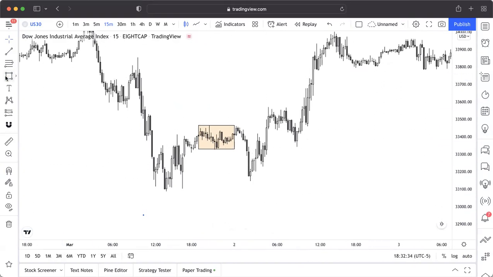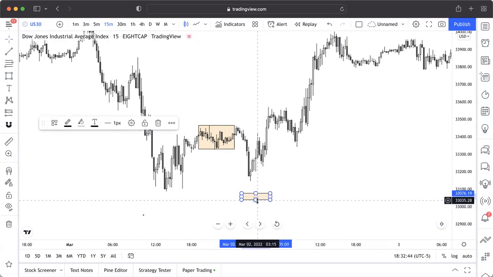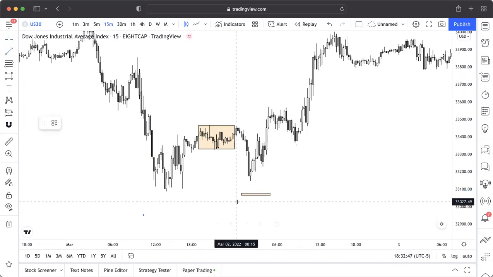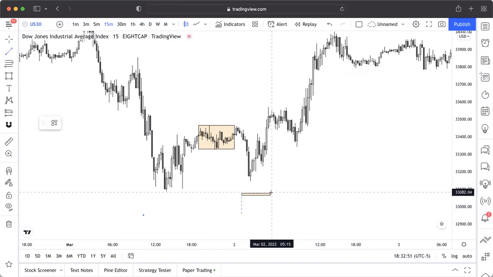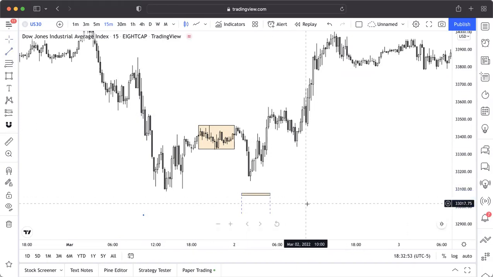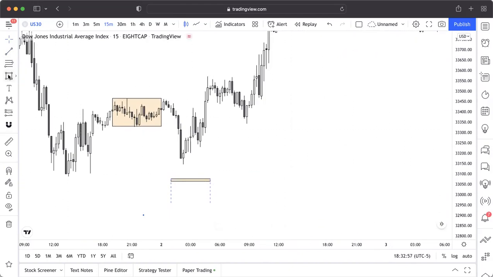So if you look at the time, now I'm showing you guys the London trade, the one that I showed the last time. You guys can see how the daily cycle and the London trade would be working together.